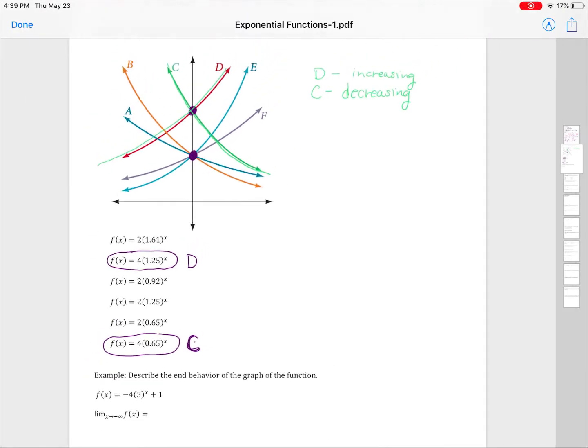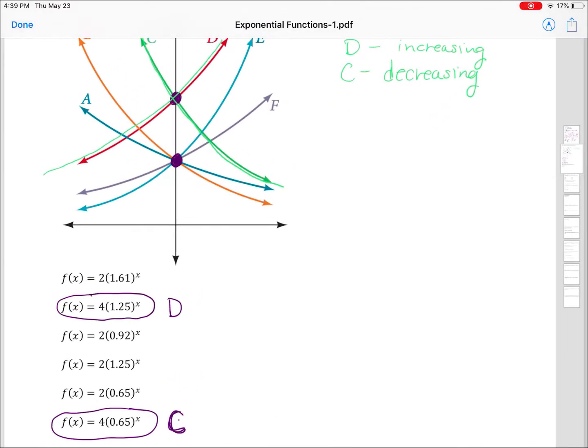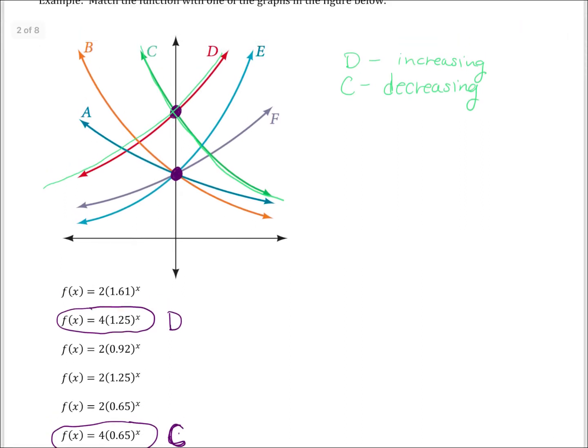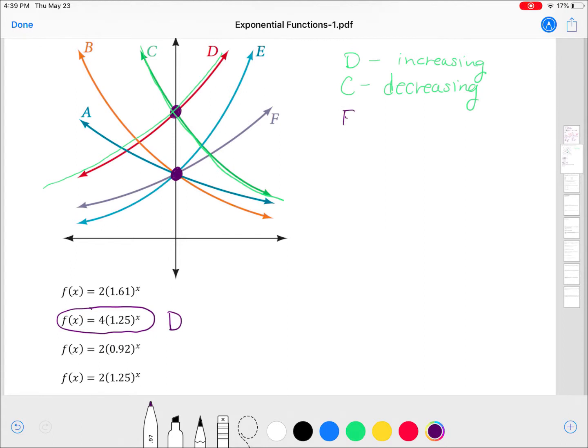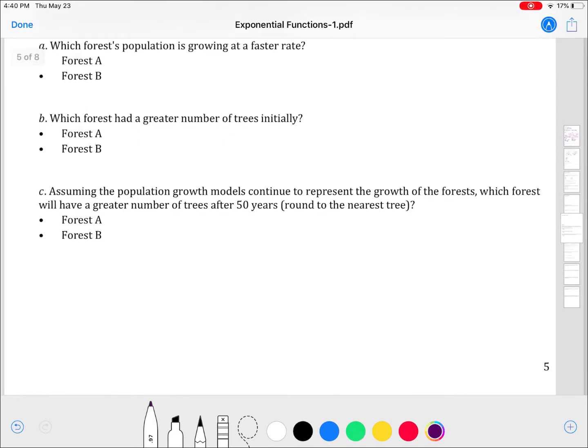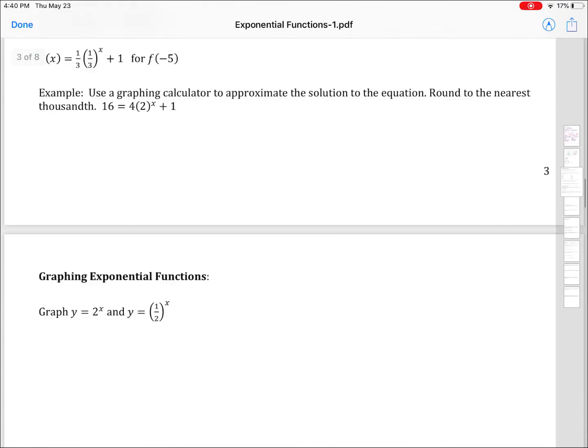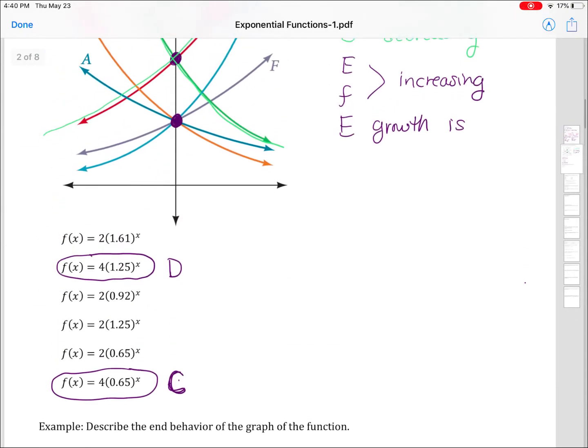So now we have to figure out the other 4. So if you look at E and F, both are increasing. However, E is increasing at a much faster rate. So my growth factor for E is going to be a bigger value than F. There we go.